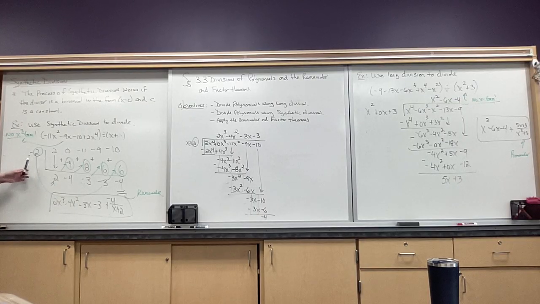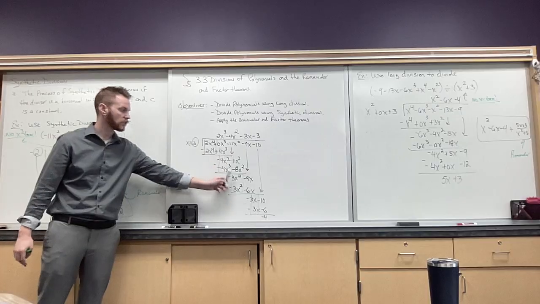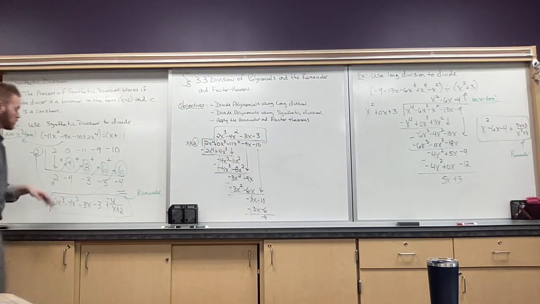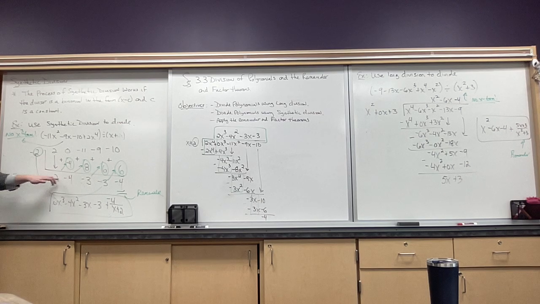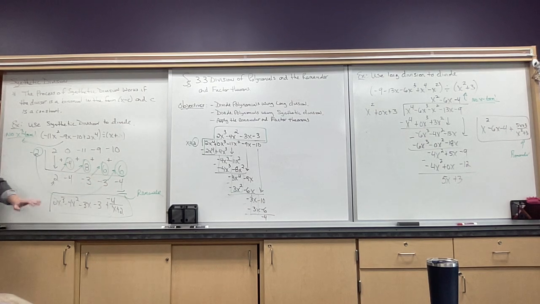Again, I'm not worried about the first terms because they're always going to cancel out. It's just the second terms I'm worried about. That's what this is doing at the very top. So when we're getting our final answer, we're only getting the coefficients because, again, the x's are always going to be paired up nicely. And then at the very end, we can include the x terms that we just nixed at the very beginning.